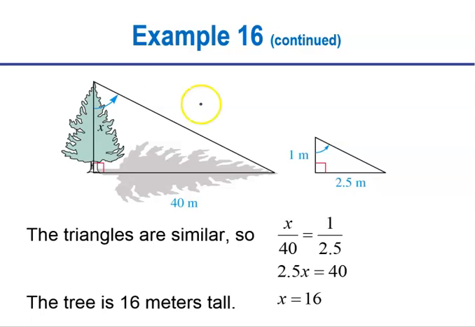Actually, they did x over 40 equals 1 over 2.5. Is that okay? Well, we talked about that when we covered proportions. There are 4 different ways to set up your proportion, so that is okay. The reason I did it the way that I did is because that's how we had to set up the scale factor when we were working with similar triangles, and I wanted to be very consistent about that.